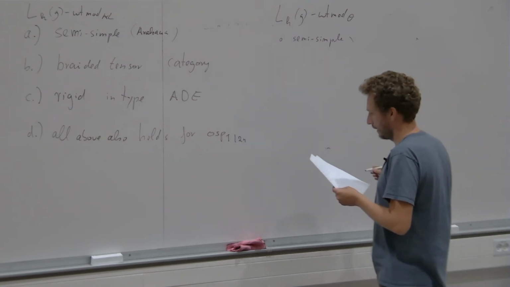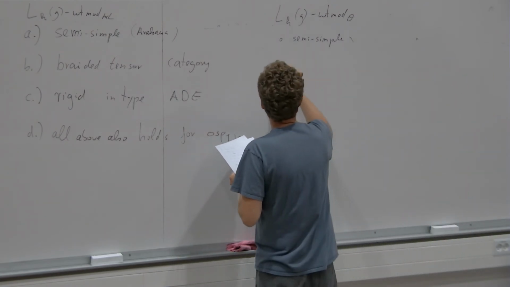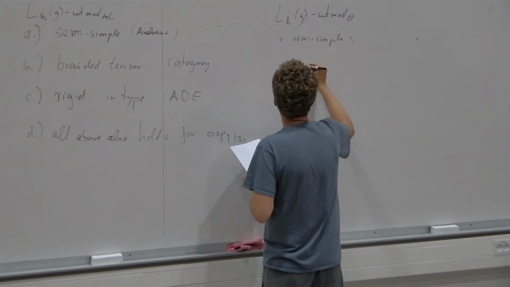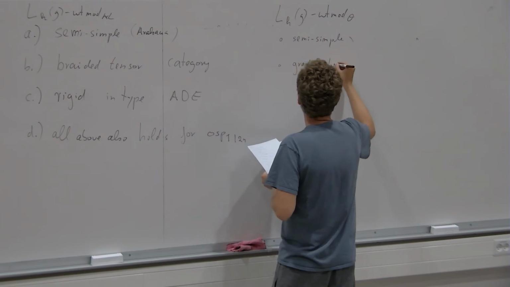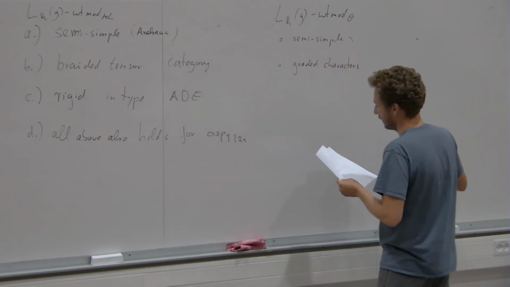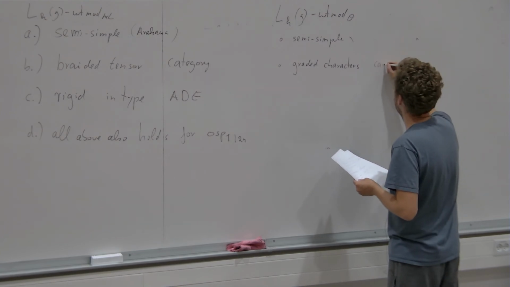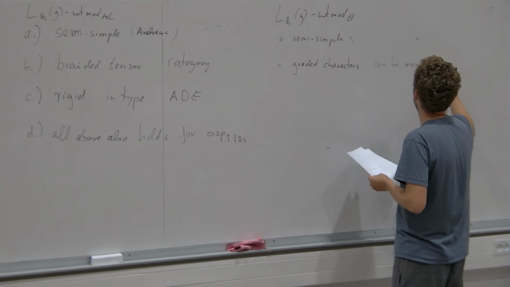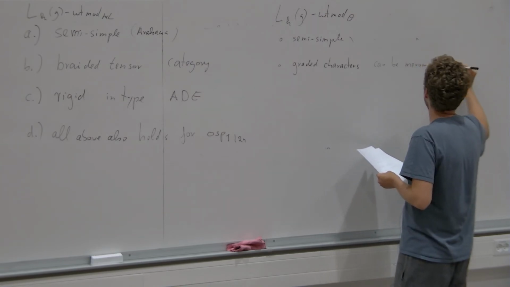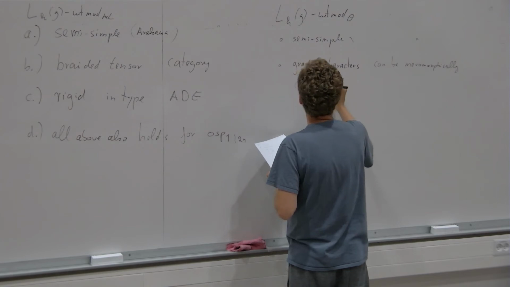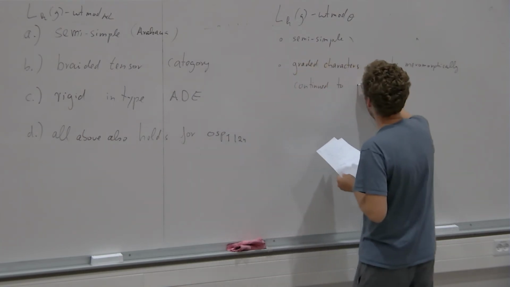What else is known? There's a really nice statement that the graded characters are nice in the sense that they can be continued meromorphically, to meromorphic Jacobi forms.